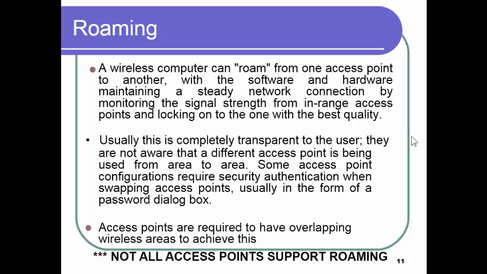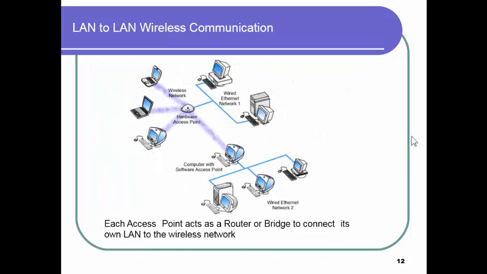So as I said, to achieve this roaming feature, the access points' coverage areas must be overlapped. Access points are required to have overlapping of wireless areas to achieve this particular roaming feature.